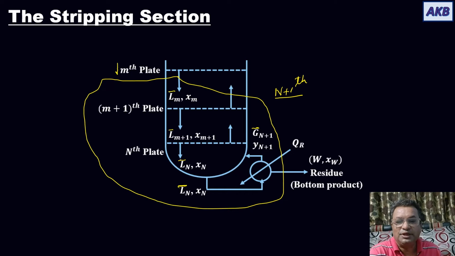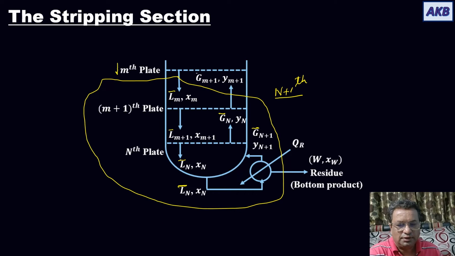Okay, so after coming into the column, the vapor leaving the nth plate will have molar flow rate of G bar N, and mole fraction of A in it will be YN. Then this is the stream that is leaving the M+1 plate.